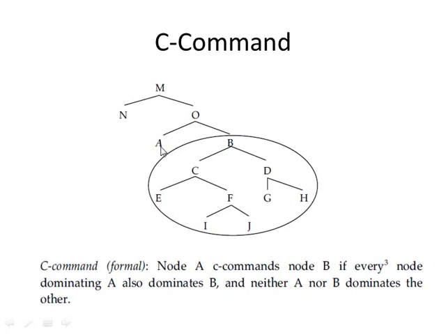Jadi node A itu disebut sigmens node B jika node dominating A, jadi node yang mendominasi A di atasnya A itu juga berada di atasnya B. Kemudian A and B do not dominate each other. Jadi A dan B ini tidak saling mendominasi alias mereka sejajar.